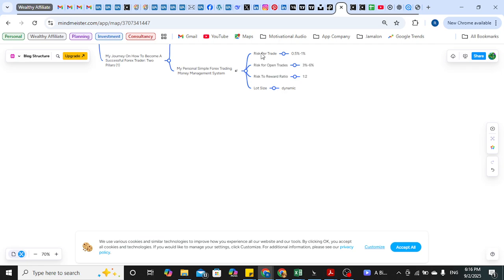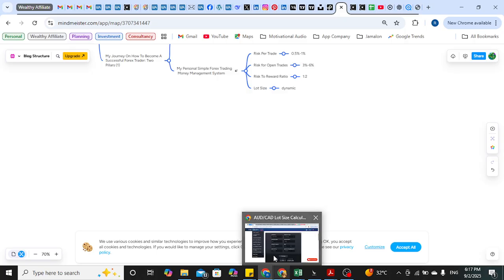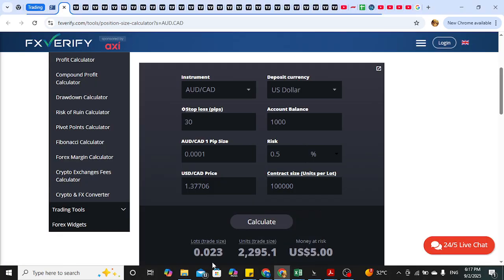When I said I have changed the risk per trade to be dynamic, from a strict 0.5% to 1%, it's because of this number here. So now I'm allowing myself to take 3 micros instead of 2 micros.